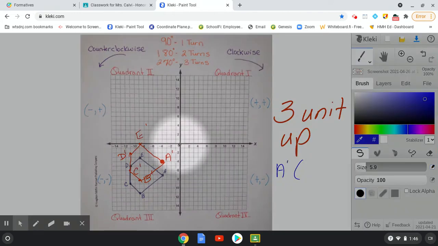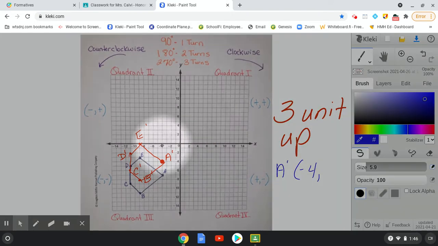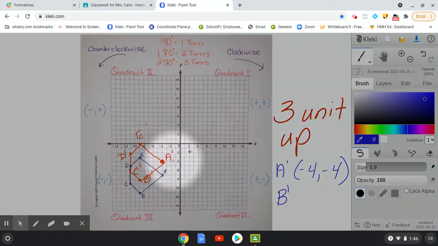Remember, we always start at our origin. So -1, -2, -3, -4. So I have to stop at -4. And then I have to go down -1, -2, -3, -4. So -4, -4.